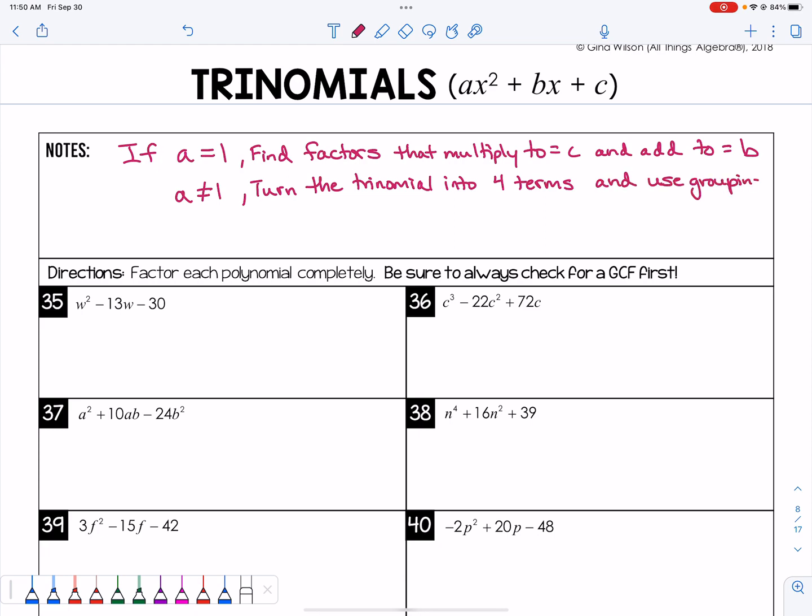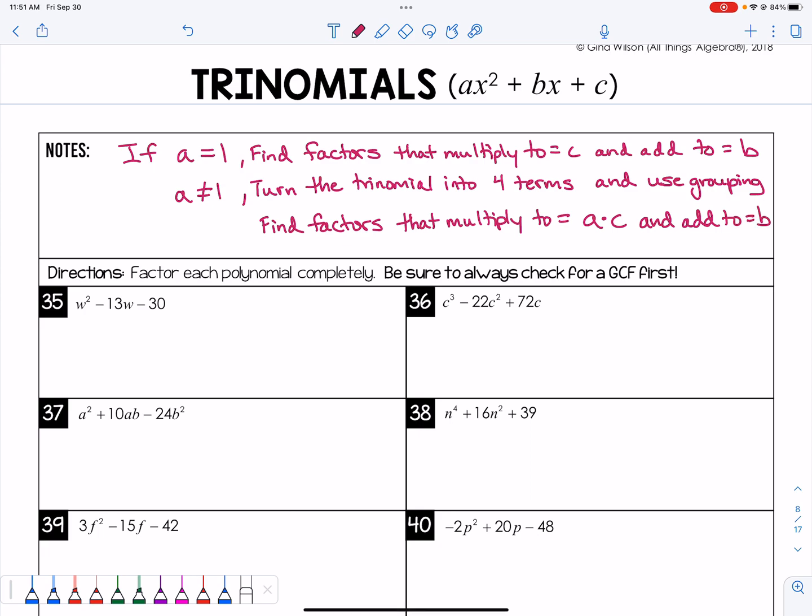And to turn it into 4 terms, you can find factors that multiply to give you a times c and still add up to b. So find factors that multiply to equal a times c and add to equal b.